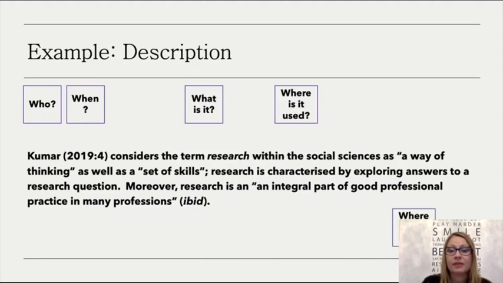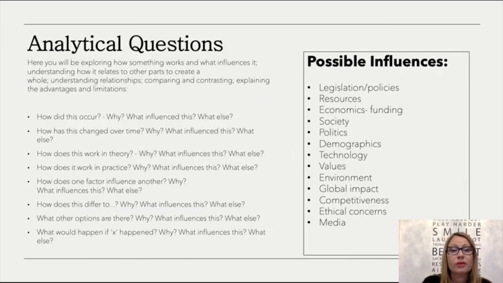And in terms of defining our parameters even further, we've talked about how it links to good professional practice here. So all of this information is really important for the reader to take on board. It is using those lower thinking skills, but it's really important nonetheless. But what we're going to encourage you to do is move towards those analytical questions once you've set the scene.